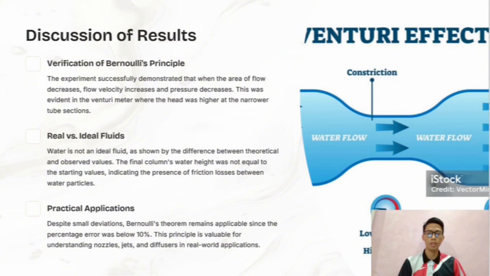The final column water head was not equal to the starting values, indicating the presence of friction loss between water particles. Practical application: despite small deviation, Bernoulli's theorem remains applicable since the percentage error was below 10%. This principle is valuable for understanding nozzles, jets, and diffusers in real-world applications.